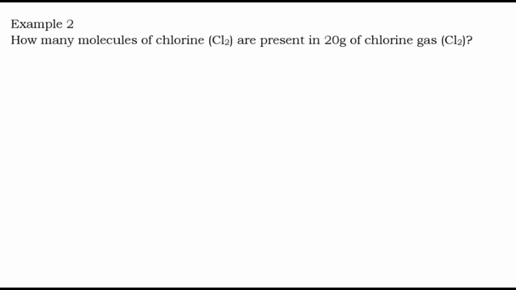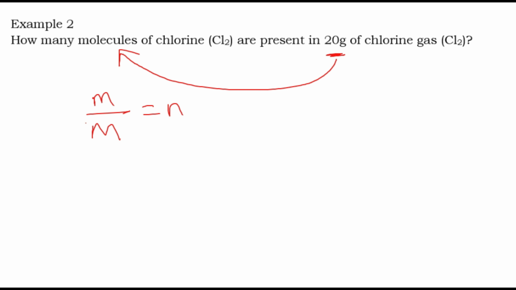We need to remember that we are trying to move from the mass to the number of molecules. So we need to remember that mass over molar mass is equal to number of moles. The number of moles is then equal to the number of particles over the Avogadro's number.